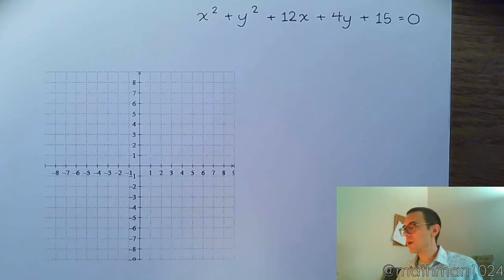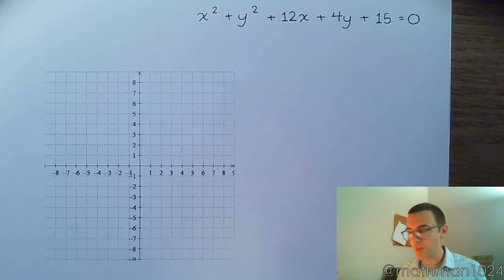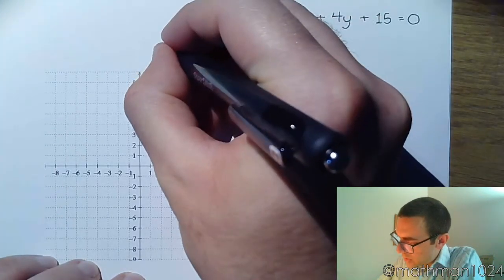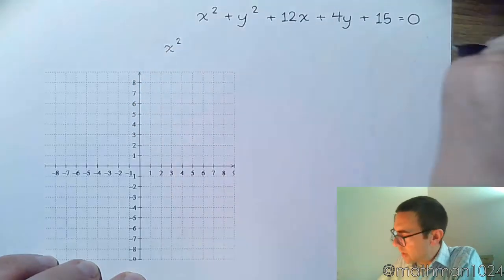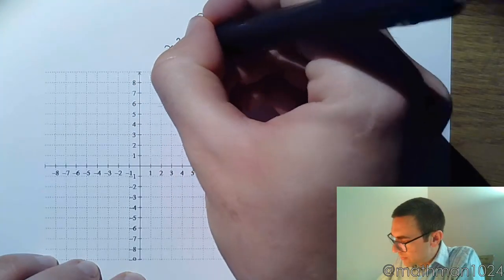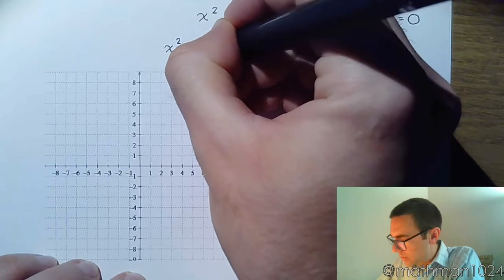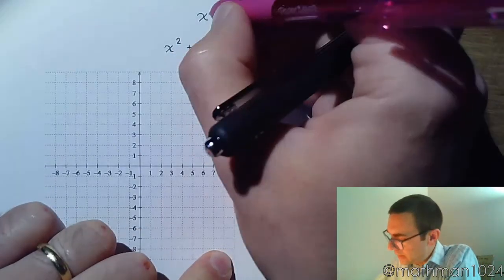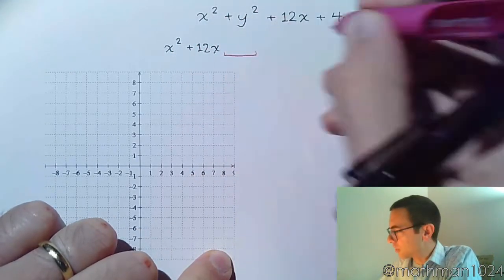So we want to go through that process of completing the square, but before we do that, we need to rearrange our terms. Just like we had above, rearrange to put the x's together. So that's x squared plus 12x. We're going to leave a gap for completing the square.